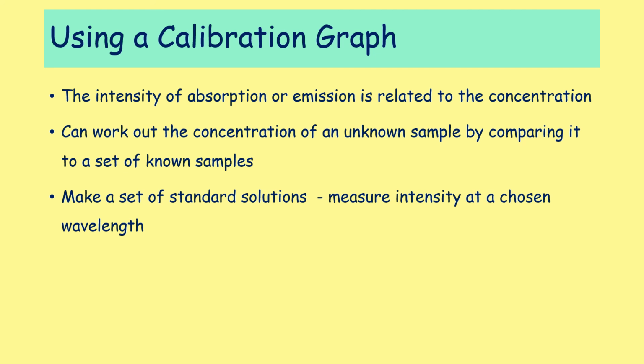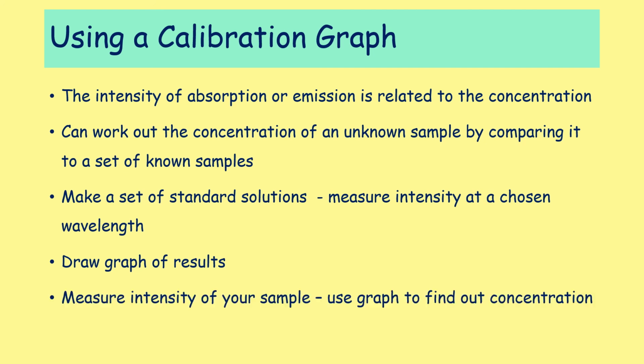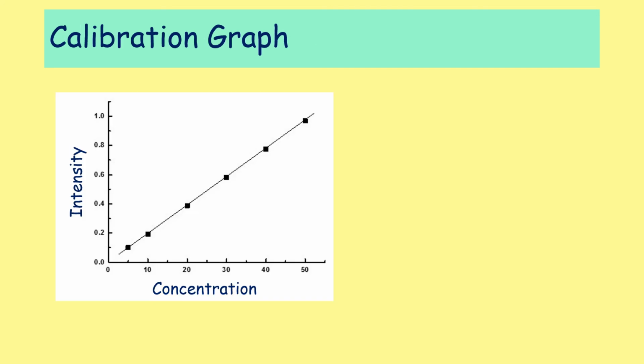So what you do is you make a set of standard solutions, so solutions with exactly known concentrations, and measure their intensity at a chosen wavelength. You draw a graph of your results, and you should get a straight line. If you then measure the intensity of your sample and then look across on this graph, which is called a calibration graph, from the intensity to your line of best fit, and then down, you can relate it to a concentration.